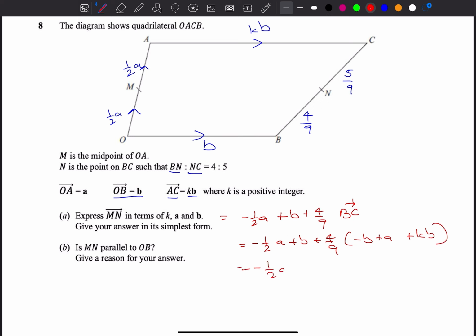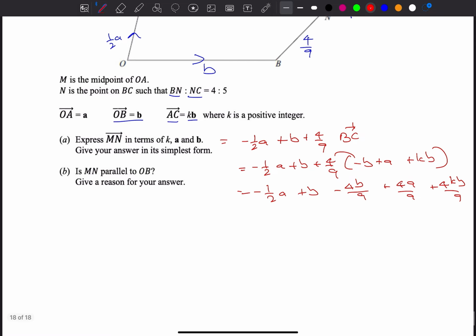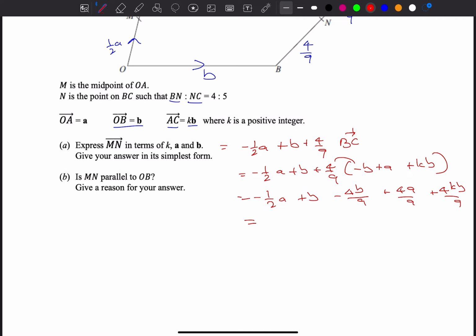Expand it. Minus half a plus b, multiplied, minus 4b over 9 plus 4a over 9 plus 4kb over 9. Now you can put them together. Minus half a plus 4 over 9 a. Let's check that on a calculator.